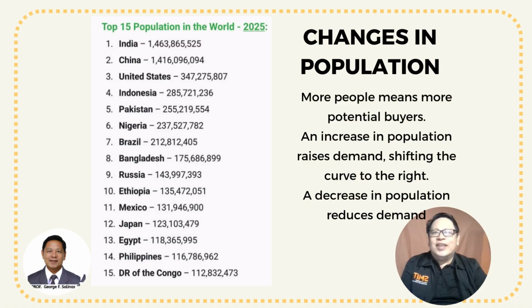This causes the entire demand curve to shift to the left. This effect occurs because a change in the number of buyers impacts the quantity demanded at any given price point, not just a single price point, which is the definition of a shift in the entire demand curve.